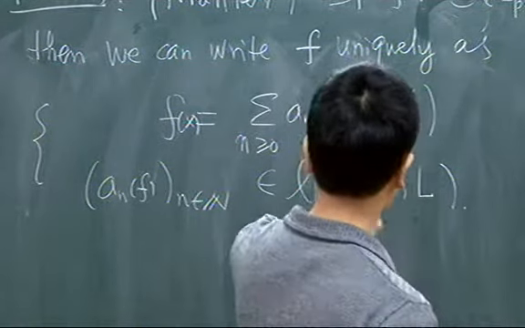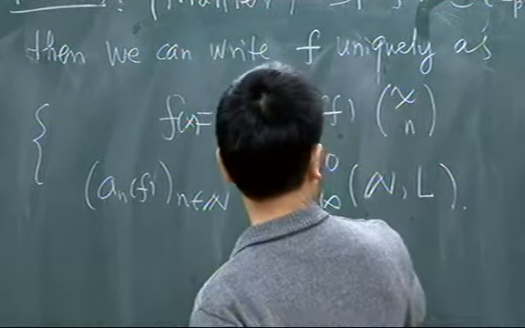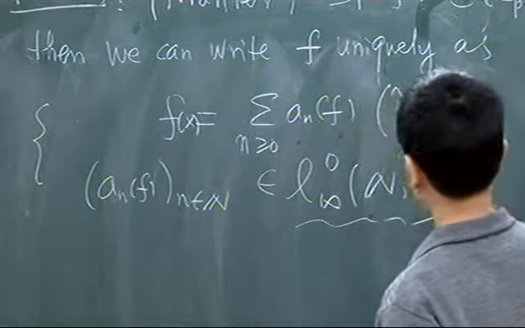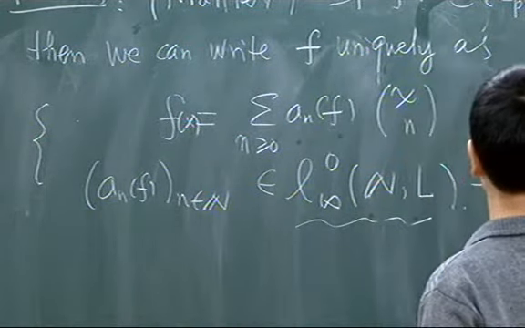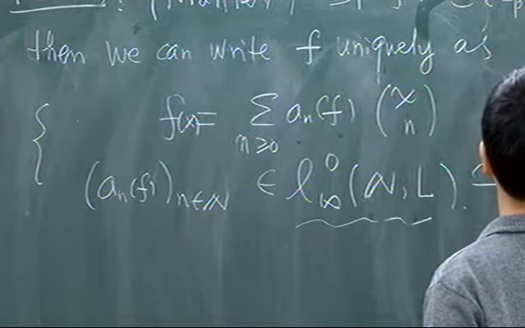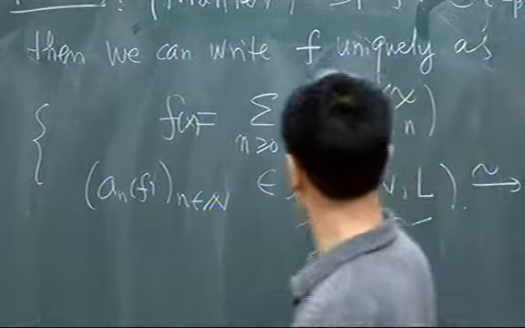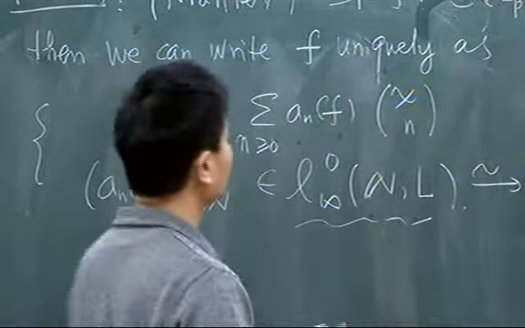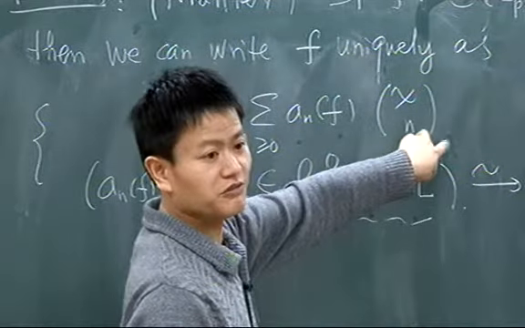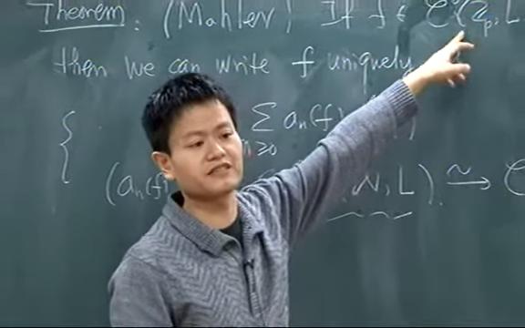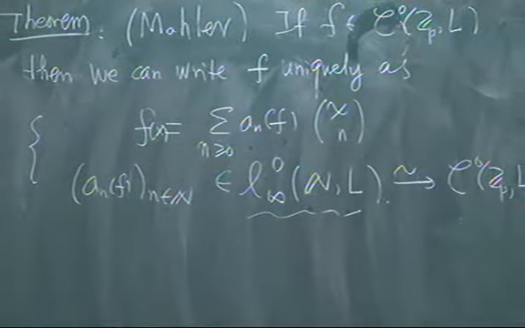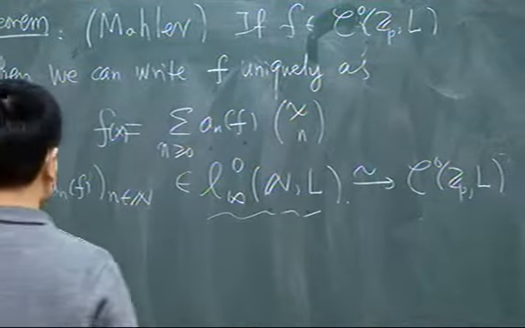So that means x choose n is an orthonormal basis of these continuous functions. Okay?